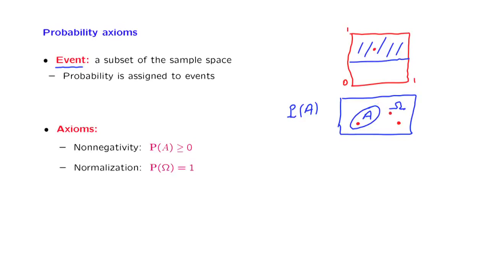We know that the outcome is going to be an element of the sample space. This is the definition of the sample space. So we have absolute certainty that our outcome is going to be in omega, or in different language, we have absolute certainty that event omega is going to occur, and we capture this certainty by saying that the probability of event omega is equal to 1. These two axioms are pretty simple and very intuitive.